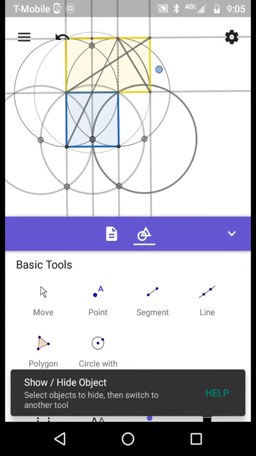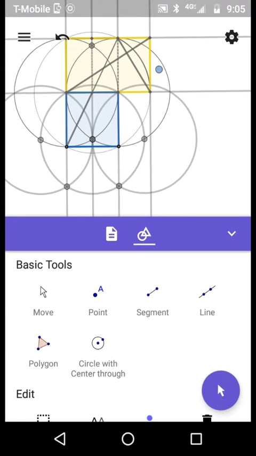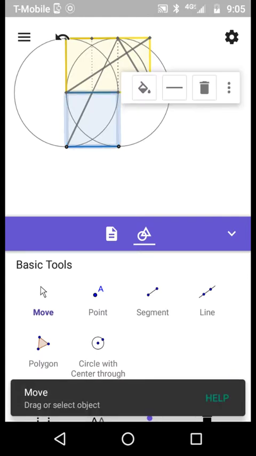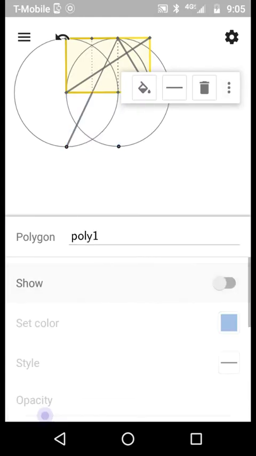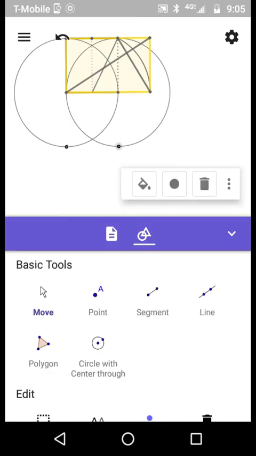So let's see, I'll just hide that and hide that. You can't really hide things too much when the field is so full. So that's why I'll click on an object and just undo the show parameter. Don't want to see that one.